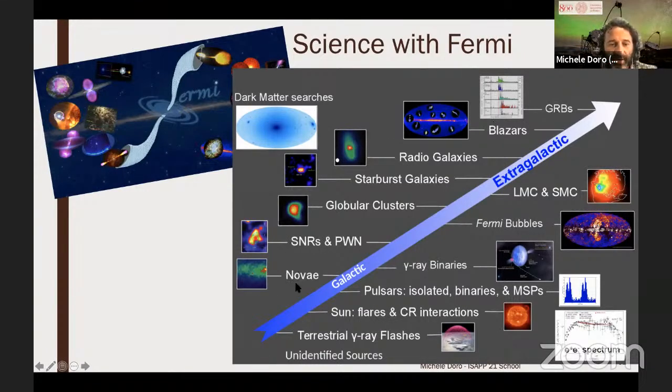Nova explosions, supernova remnants. You remember past week, globular clusters, starburst galaxies, and then you go to radio galaxies, blazars, gamma ray bursts, and so on and so forth. Then you have dark matter searches. One person cannot be expert in all of these, but really the science reach is wide.